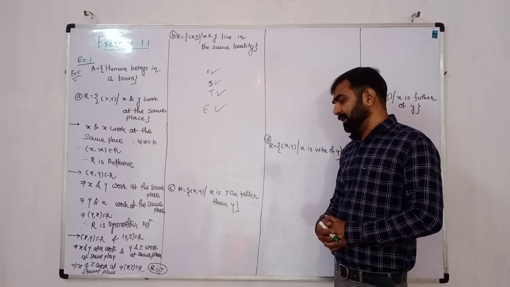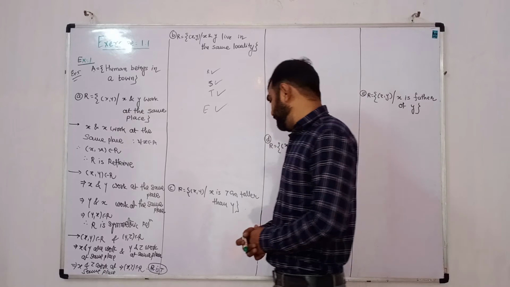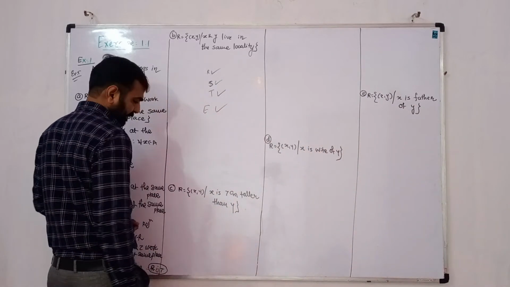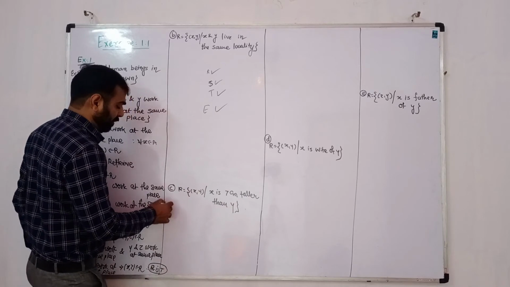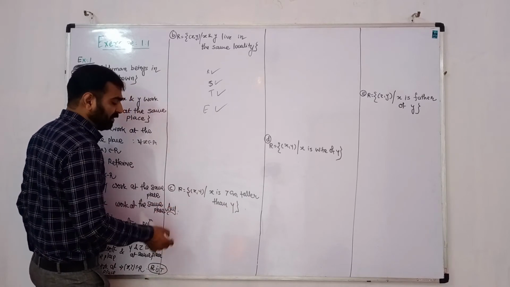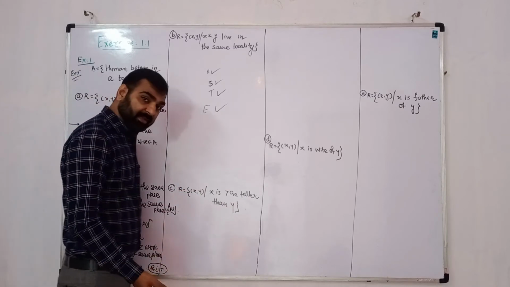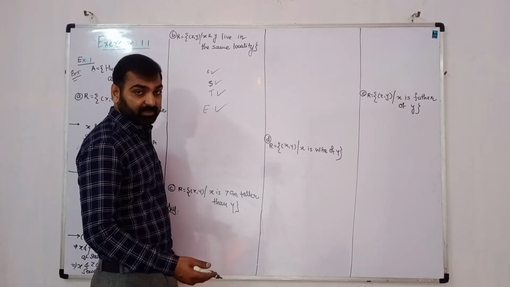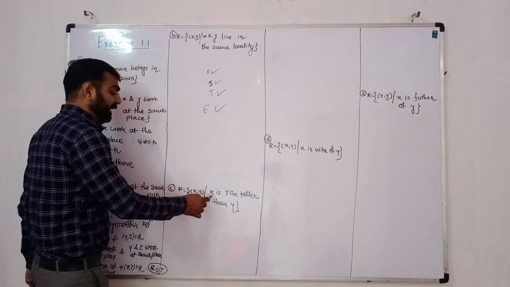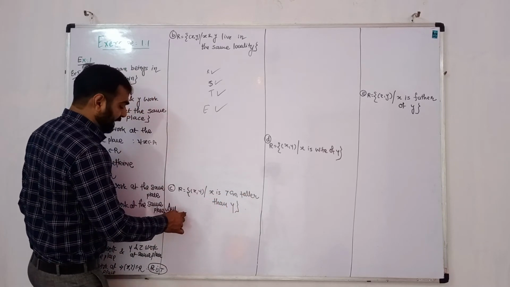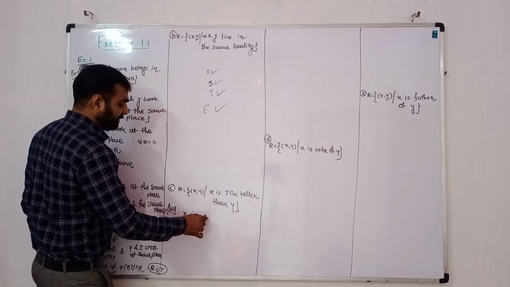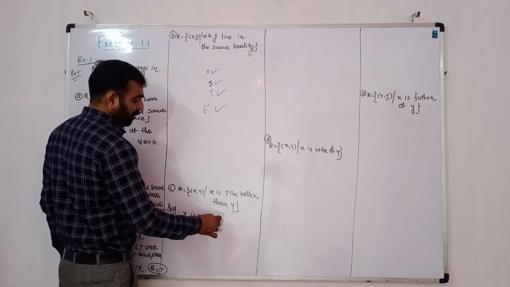Now third part, x is 7 centimeter taller than y. Okay, x is 7 centimeter taller than y. तो अब जब मुझे x तो y निकाल के x रख दो और to check it either it is possible or not. तो x is 7 centimeter taller than x.